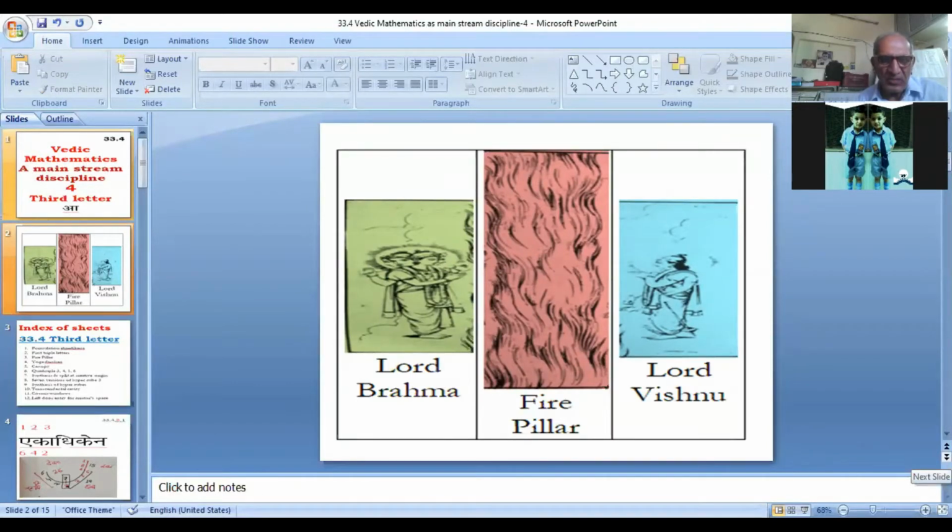The point for visualization is that Lord Brahma, Lord Shiv, and Lord Vishnu together make Trimurti, and Trimurti sustains Triloki as of full potentialities.